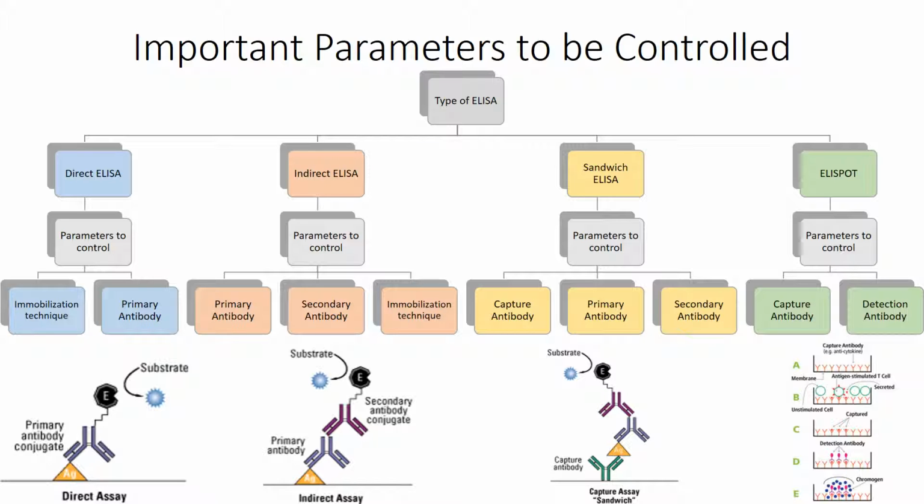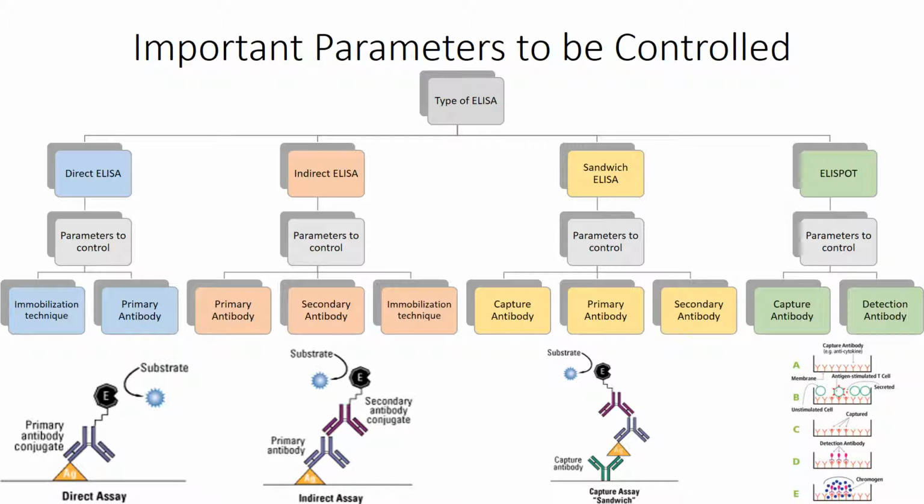And finally, the ELISpot is used to detect the secretion of cytokines and is more sensitive than traditional ELISA for this detection. So once you choose your type of ELISA, some of the things that you're going to control are the right capture antibody and the primary antibody as well as the secondary antibody. You'll choose these based on the specificity and the sensitivity, especially for the capture antibody and the primary antibody.